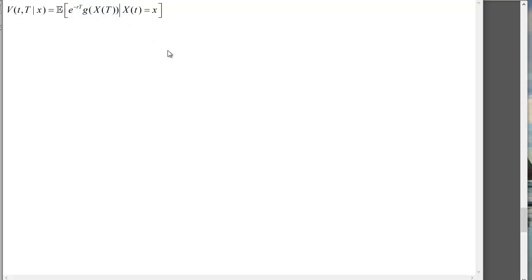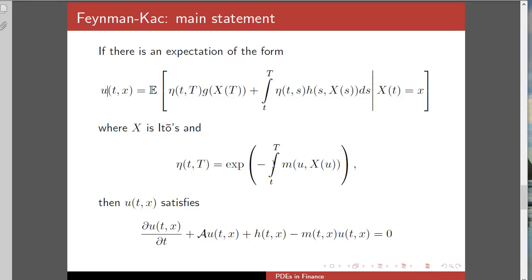So how do we employ Feynman-Kac? Well, we can think of this term here as a special case of this integral. It should be like this. It is equal to, and that's really what corresponds to this expression here, this eta.